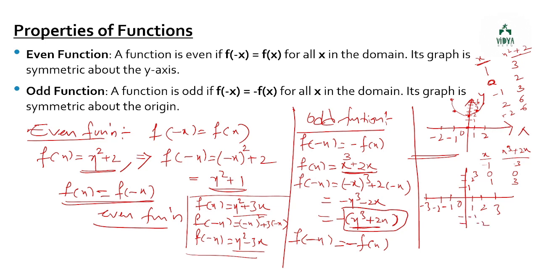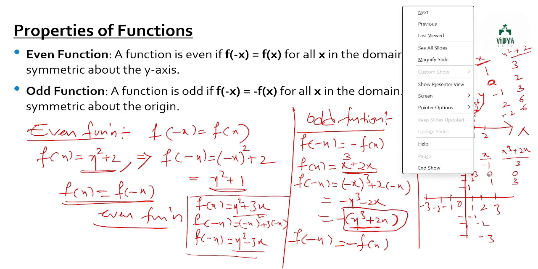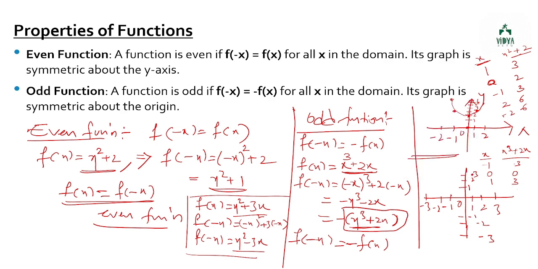For 0, what did you get? 0 only. For 1, you got 3. For -1, you got y as -3 here.